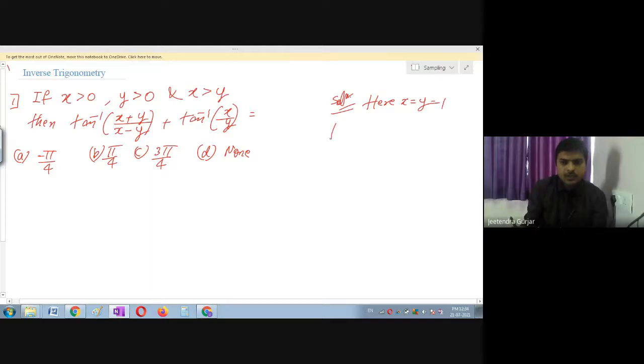Therefore you get tan inverse (1 plus 1, which is 2) divided by (1 minus 1, which is 0), plus tan inverse 1 upon 1. Tan inverse of 2 divided by 0 is not defined.